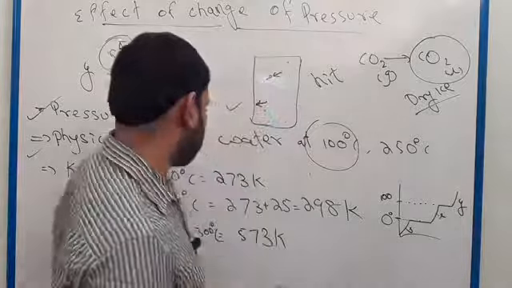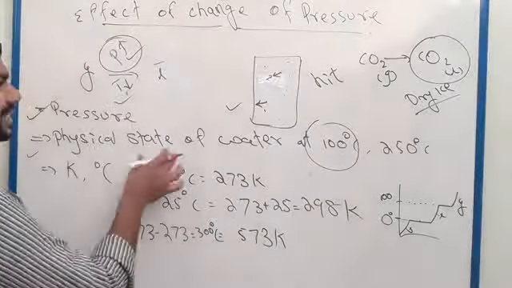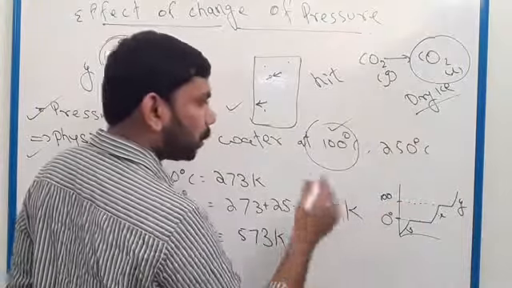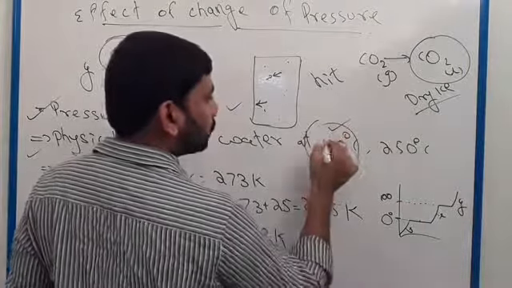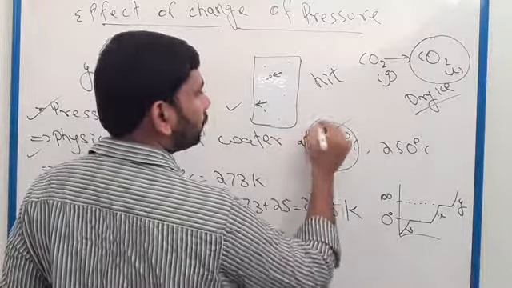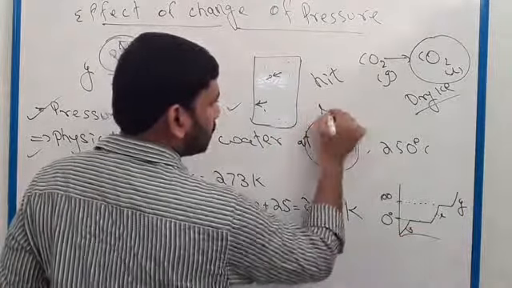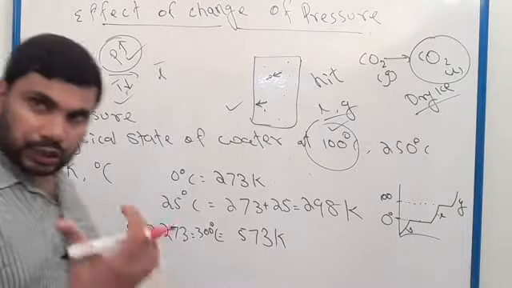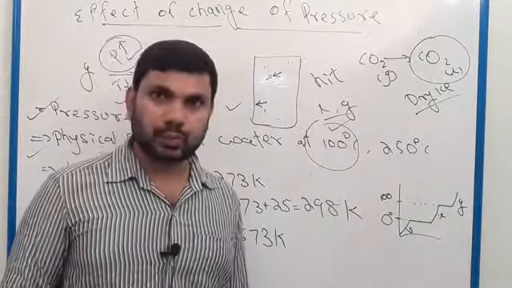So, what is the physical state of water at 100 degrees Celsius? It will be liquid state, also gaseous state. Water starts to boil, so there is liquid water, also gaseous water.